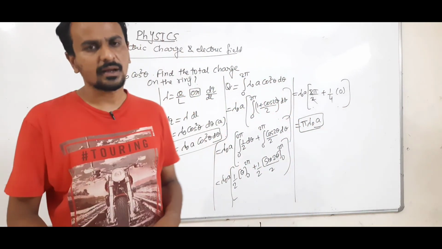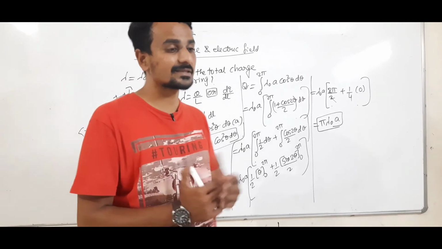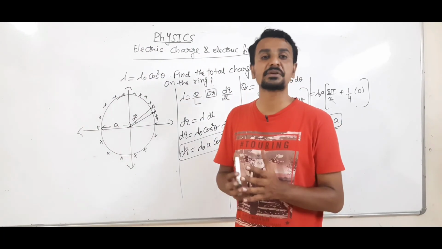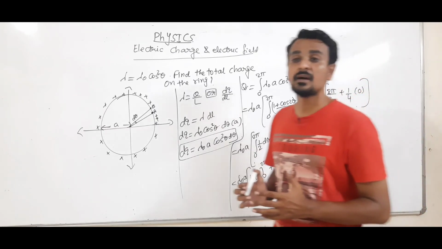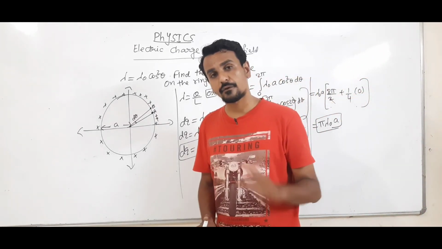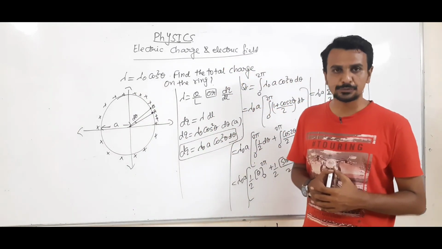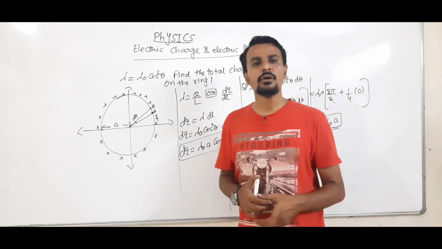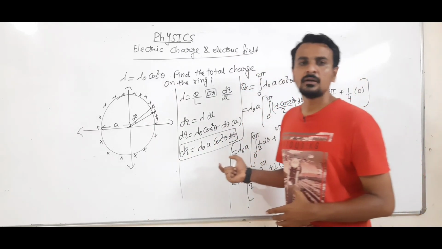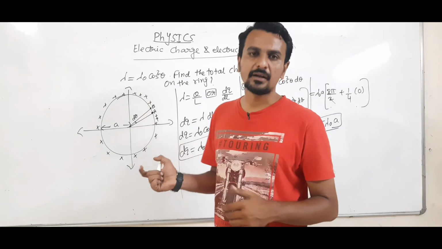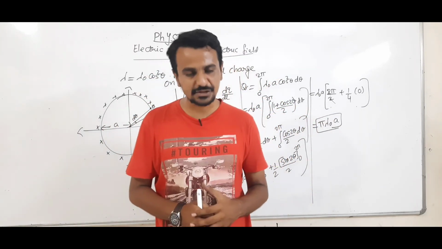Clear? Fine. We'll discuss one more sum, I would rather say it is a special case for an arc. How to calculate the electric field for an arc on which charges are continuously distributed? So in the next video we'll discuss that special case and we'll derive the formula for the electric field because of an arc.